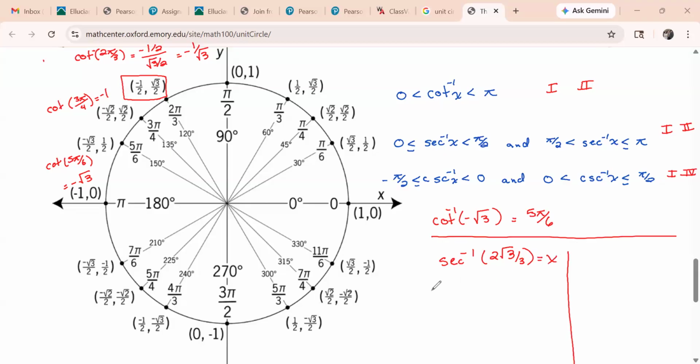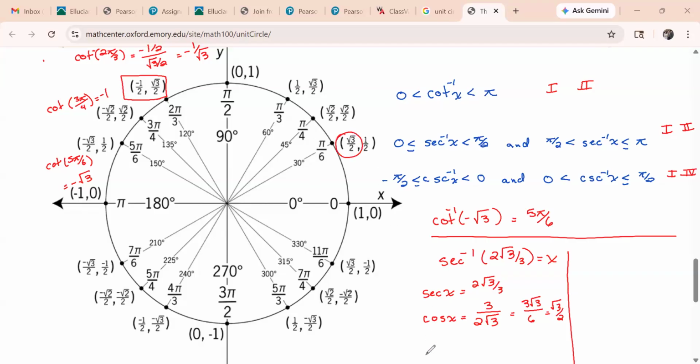If this is equal to an x, that means that there was a secant of x that is equal to 2 square root of 3 over 3, which means that there is a cosine x that is equal to the reciprocal, which is 3 over 2 square root of 3. So if you put a square root of 3 on the top and the bottom, that is going to be 3 square root of 3 over 6, which simplifies into square root of 3 over 2. So where do we have a cosine of square root of 3 over 2?